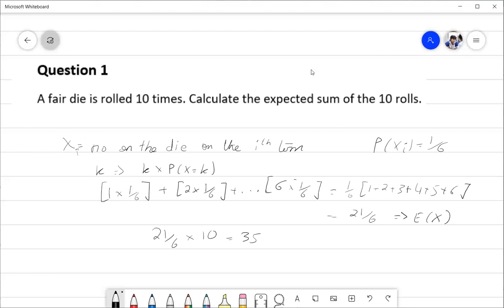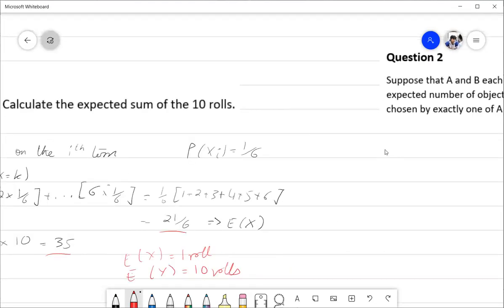This is EX, and EY is the expectation for 10 rolls. That's the only thing you have to be careful of. Otherwise, there's nothing much more to this question. This is just a starter question to get you in the motion for it, so I'll move to the next question.